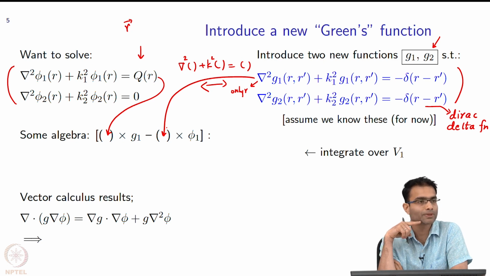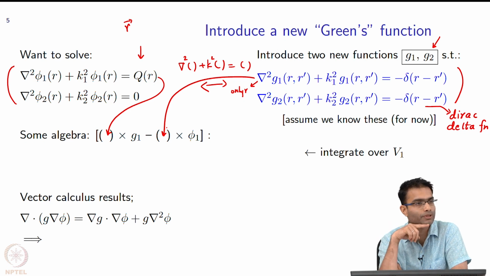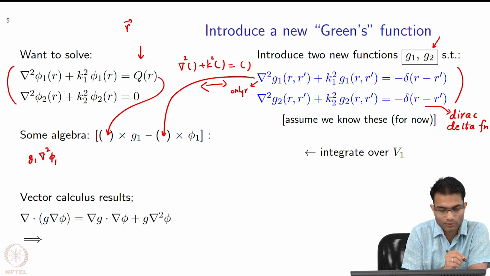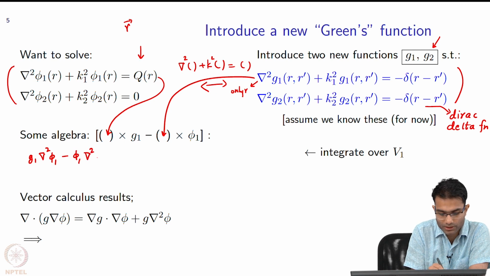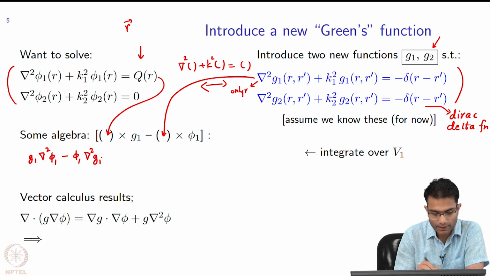On the left hand side, there should be 4 terms, but as a result of multiplying this by G1 and that by phi 1, what will happen to the k squared terms? They cancel off. So I will have a G1 del squared phi 1, minus phi 1 del squared G1. The k square term goes away.